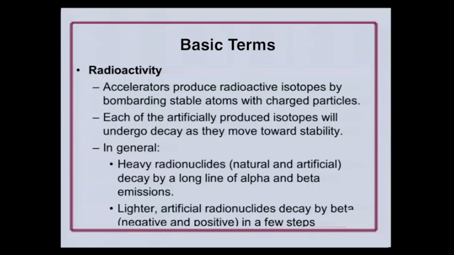The lighter ones will decay mainly by beta negative and beta positive, as well as gamma. Usually beta decay will be accompanied by gamma, something that you should know. And there will be fewer steps involved. It won't take as many steps for them to get down to stability.